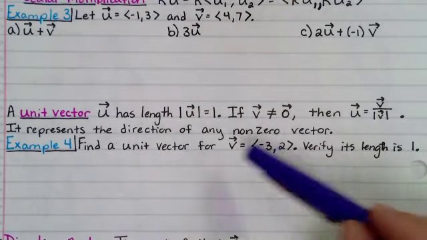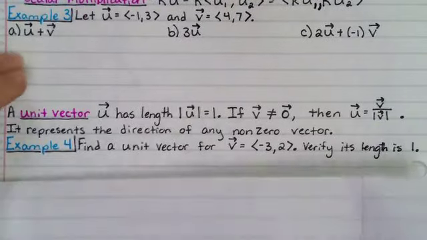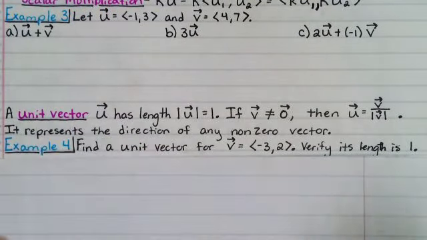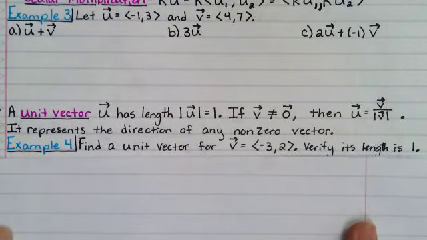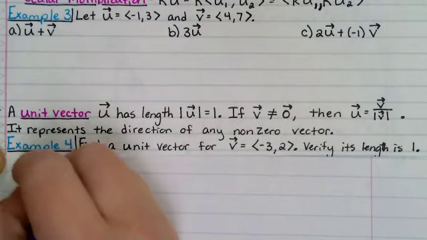So look at my problem. I do have the vector v. However, I do not see its magnitude, which means I need to take a step and I need to find its magnitude. So let's start there. All right, so if I find the magnitude of v first, let's say magnitude of v.